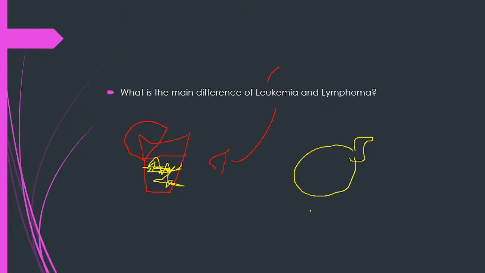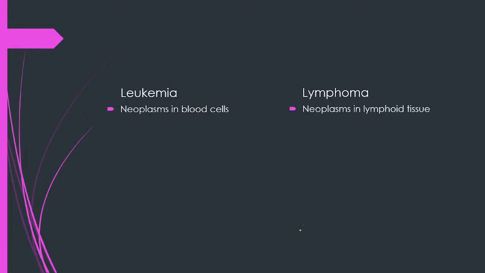So that's the main difference between leukemia and lymphoma. There's a solid mass in lymphoma, and leukemia is basically a cancer in the blood, a malignancy. We can call it a malignancy or a neoplasm, anything that has something to do with cancer.